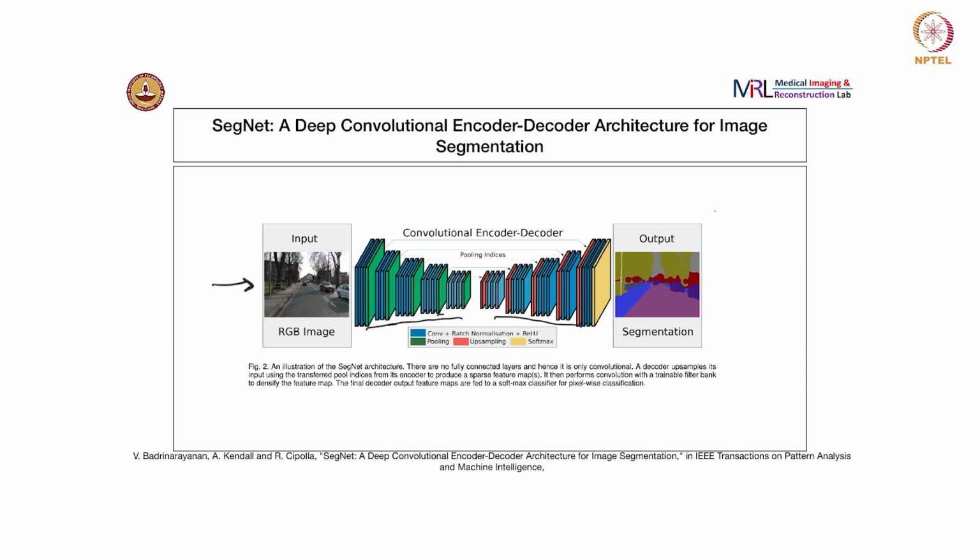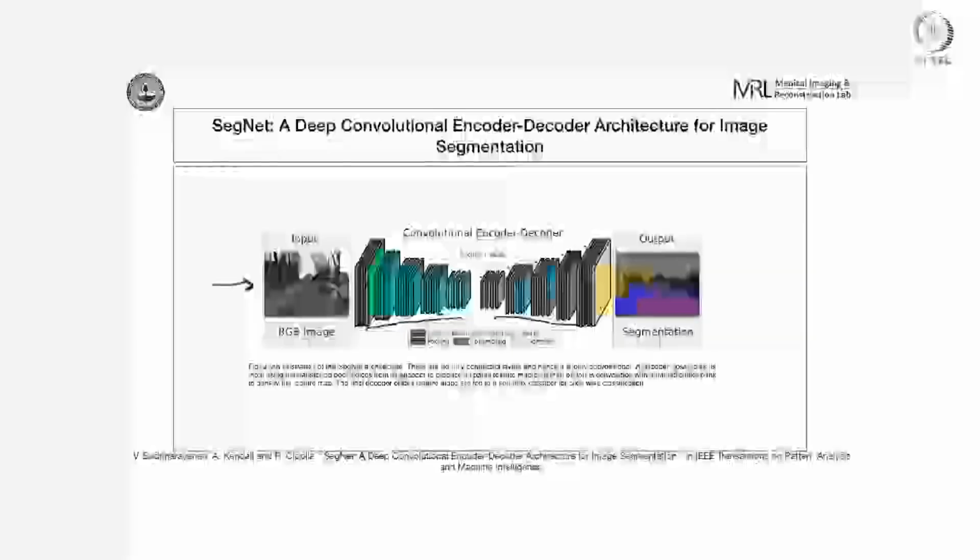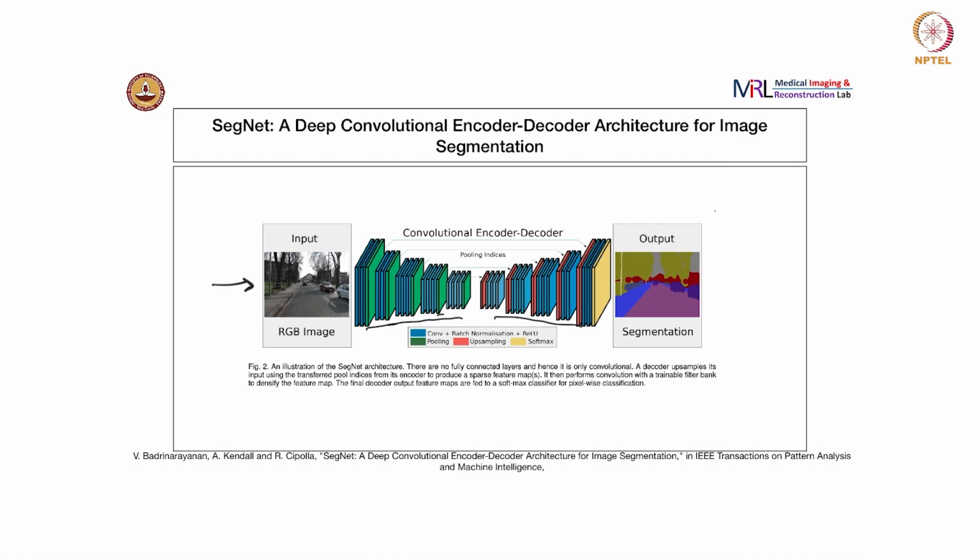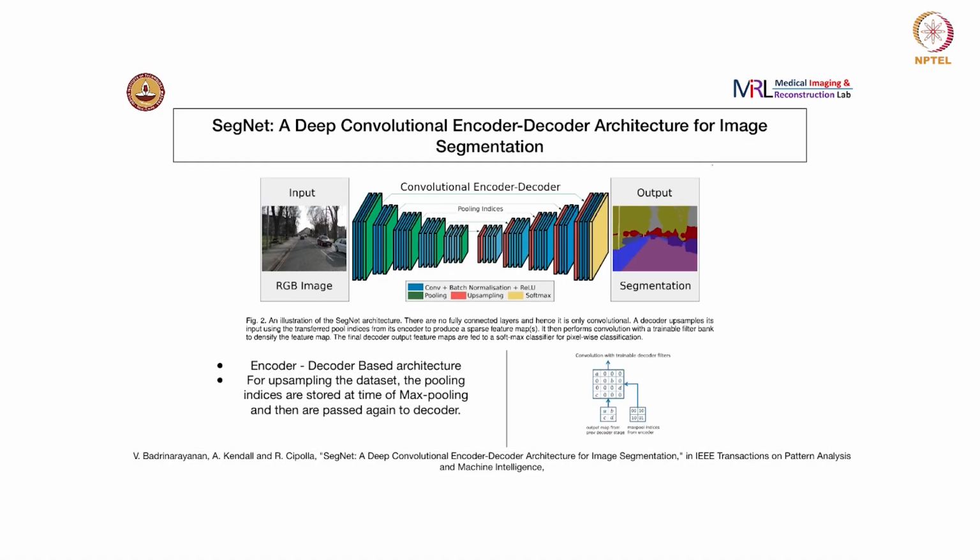Then you do the convolution, and every time you want to increase the resolution, you would once again populate that larger size feature map based on the indices that you had from the encoding layer. Let's look at it in slightly more detail. There are no fully connected layers, all of them are convolutional.